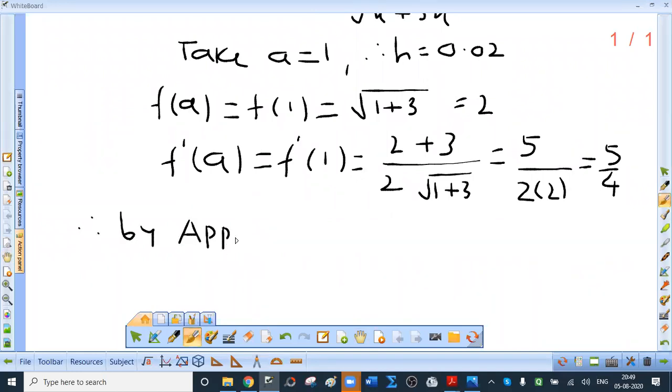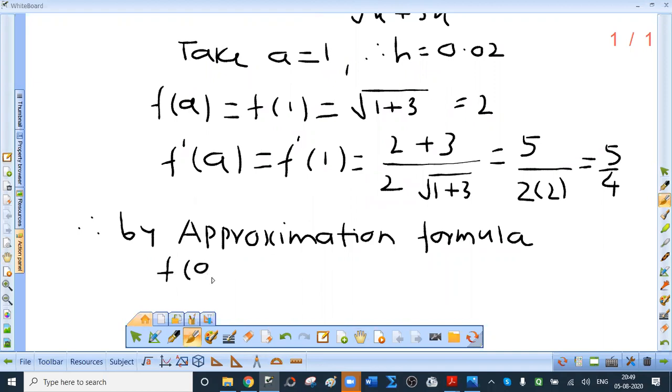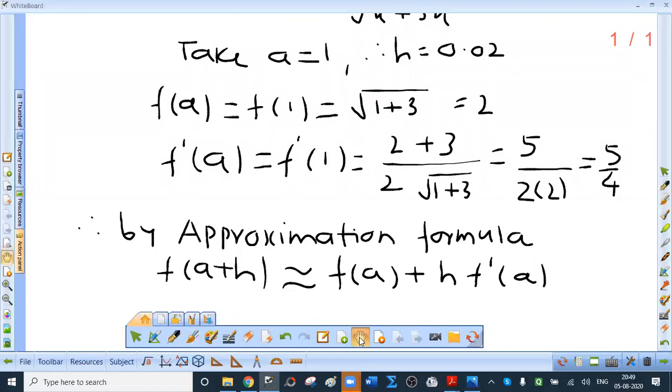By approximation formula, what is that? f(a+h) is approximately f(a) + h f'(a).